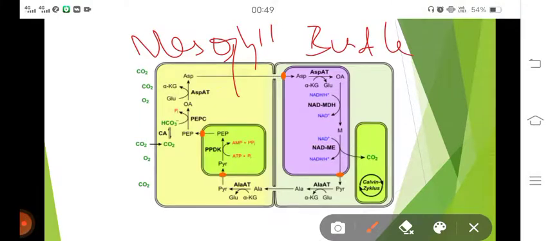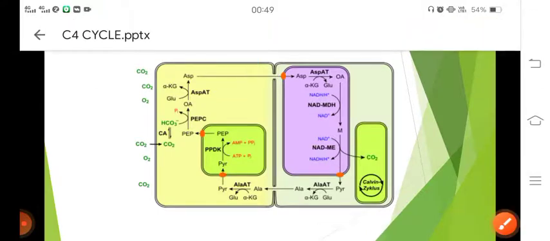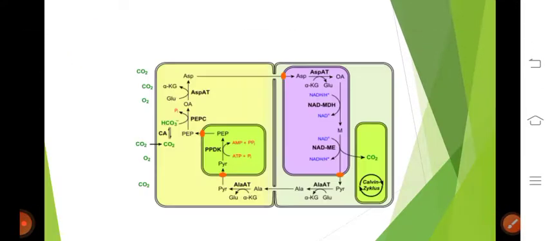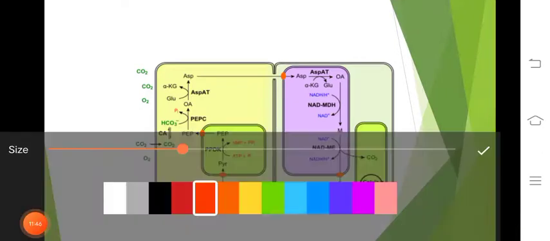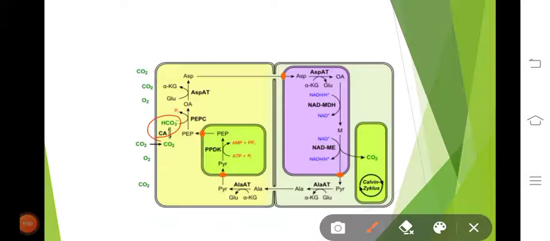Now, in the cytoplasm of the mesophyll cell, carbon dioxide is fixed in the form of HCO3 as we saw in the NADP cycle. The same, it is fixed by phosphoenol pyruvic acid in the presence of the carboxylase enzyme to form a stable compound, that is nothing but a 4 carbon compound.